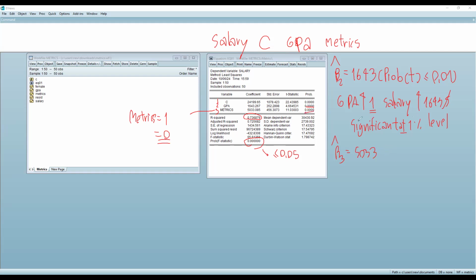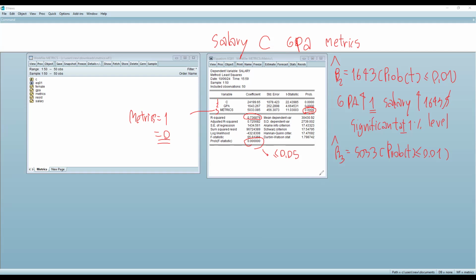Let's see the probability first. You may read in the slide.